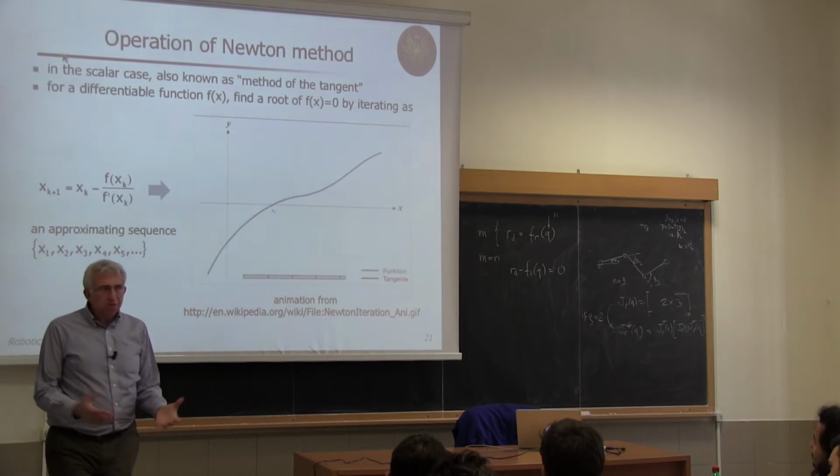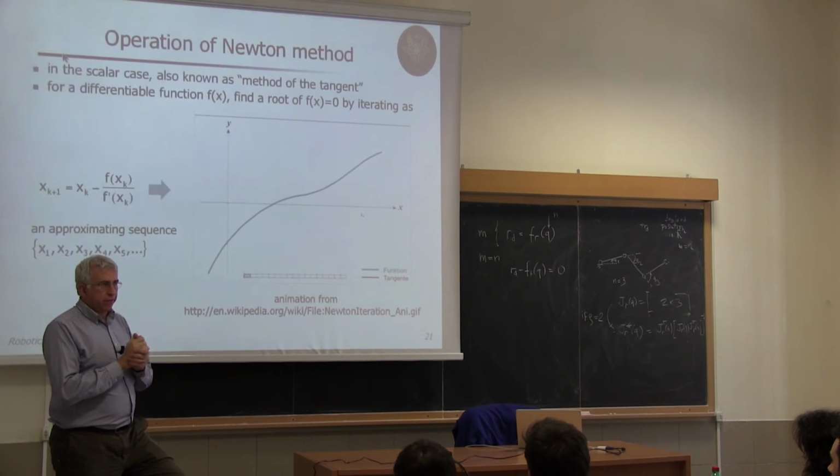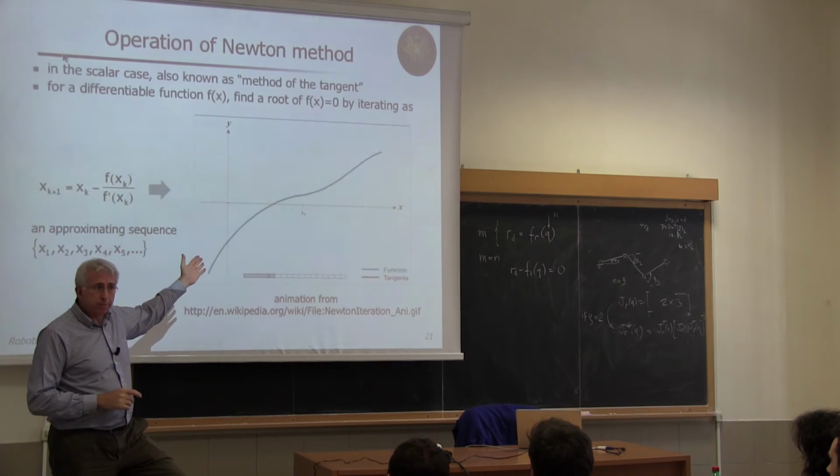And this converges if the function is not strange, is smooth enough, and you're starting close to a regular situation. If the function has a lot of bounces like this, you may go to another point, and you may not really converge if you're not close enough. Okay? So have you ever encountered this type of behavior?